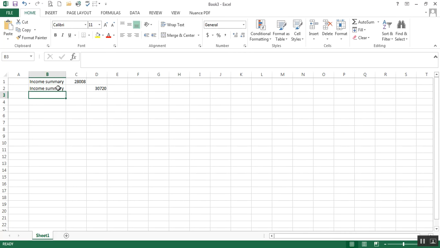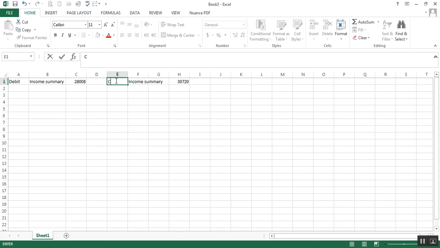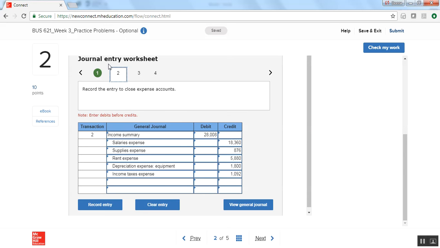Let's put this over here so we can see what we're doing. So this is a debit and this is a credit. If I have an income summary balance that's a debit, what do I need to do? I need to credit it.